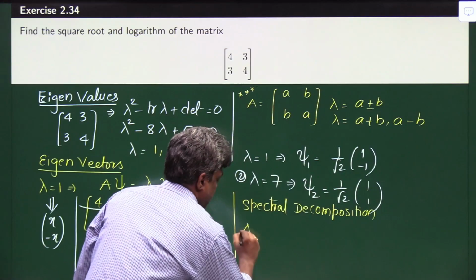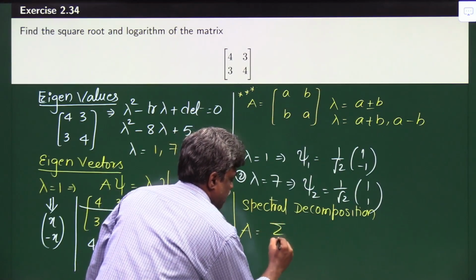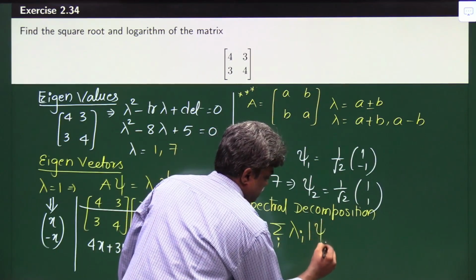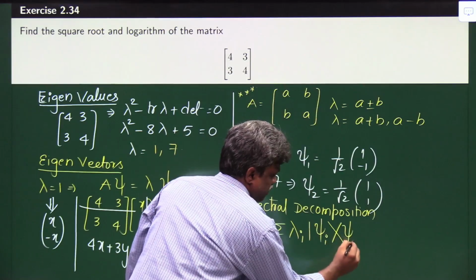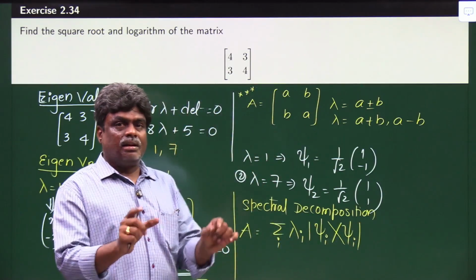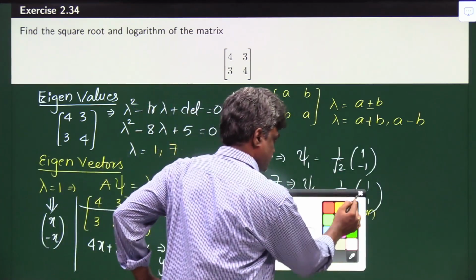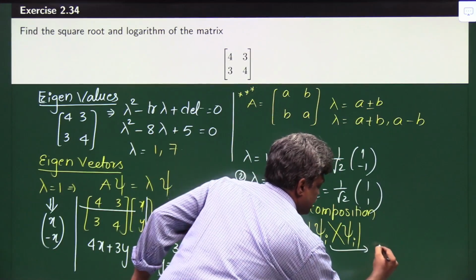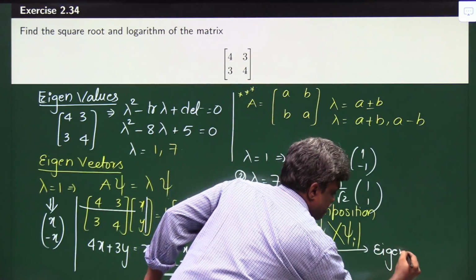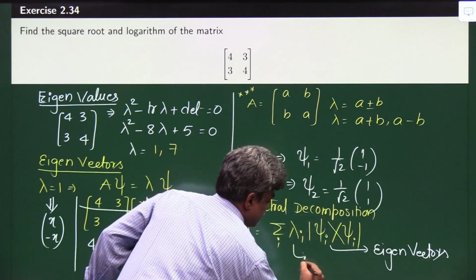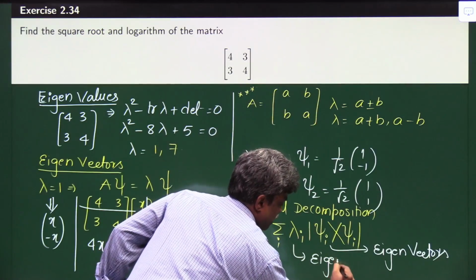So the matrix A can be written as a summation over i of lambda i, psi i, psi i. That means again a linear combination of outer products, but this time the outer products are of eigenvectors, and these are the eigenvalues.